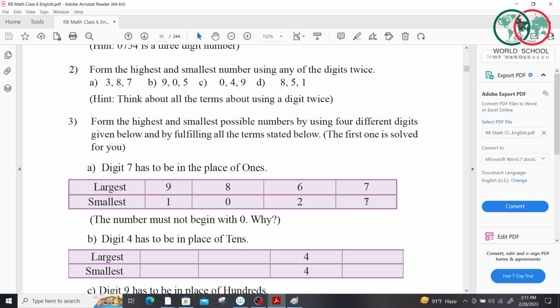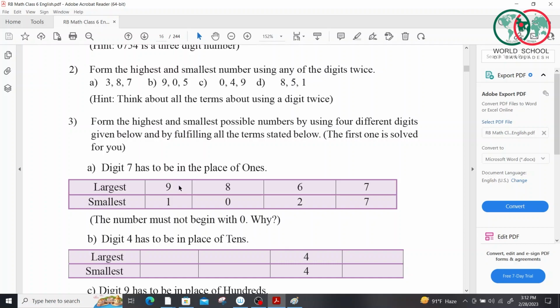So when we are forming the largest number, we will focus on the largest value. As we have already used 7 in the 1's place, we can't use 7 again. So after 7, from 1 to 9, what is the highest number? 9 obviously. So 9 will be in the 1000 position.